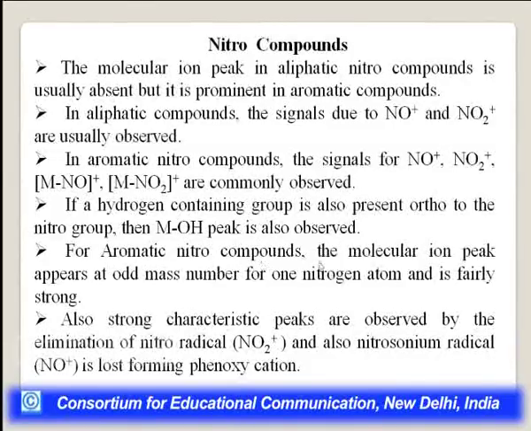For aromatic nitro compounds, the molecular ion peak appears at an odd mass number for one nitrogen atom, as we have already discussed, and is fairly strong. Also, strong characteristic peaks are observed by the elimination of the nitro radical, and the nitrosonium radical is also lost, forming the phenoxy cation.